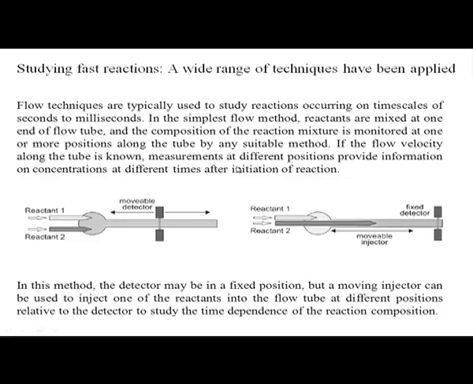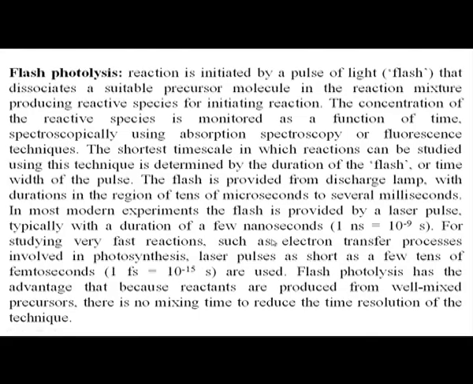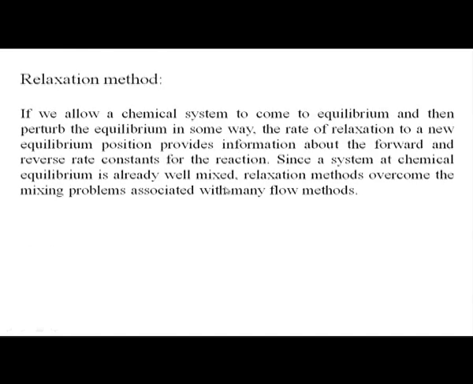Okay. So one method I talked about is the flow technique, then the modified version is the stopped flow technique. Then I gave just an idea about flash photolysis. Another version was pulsed radiolysis. Relaxation method is also a very important thing, that is it relies on the fact that you perturb part of the system, that is an equilibrium system, such that a new equilibrium is established.